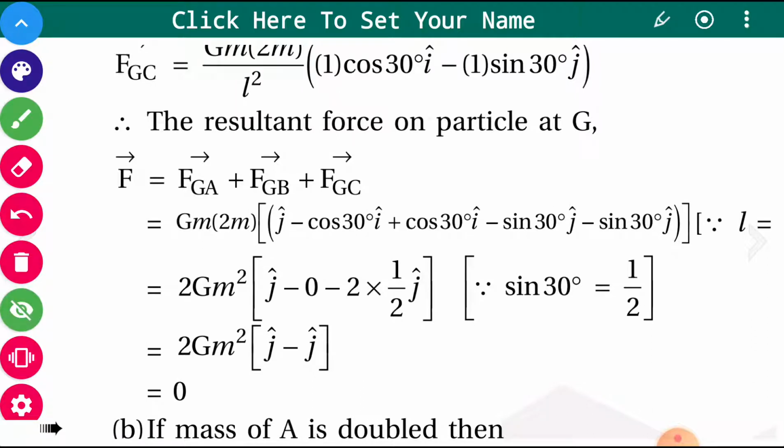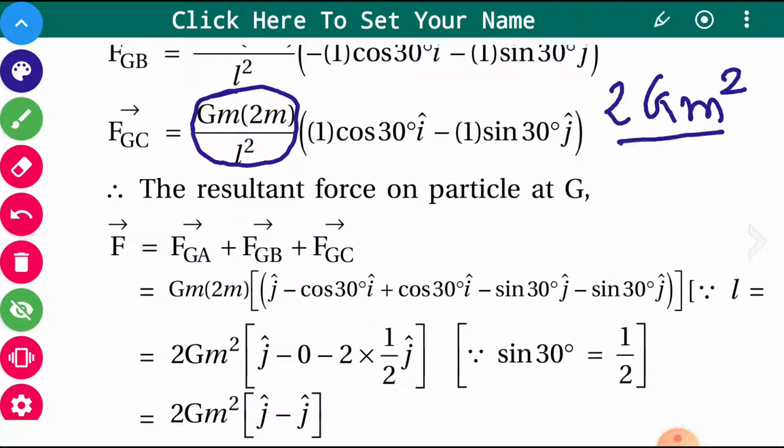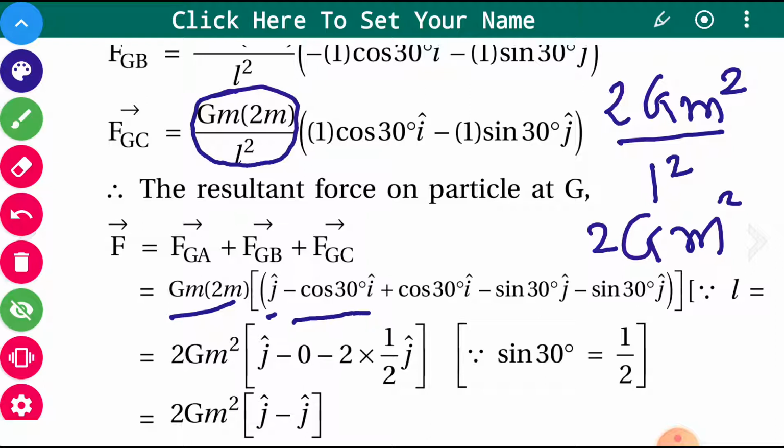So this part, G m into 2m, will be 2 G m square upon 1 square, so it becomes 2 G m square, and that is common in all three terms, so it is taken as common. Then the first term has j cap, then minus cos 30 i cap plus cos 30 j cap.